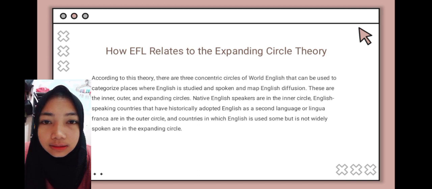The circles represent the different tiers of world Englishes. According to this theory, English is a native language in the inner circle, a second language in the outer circle, and a foreign language in the expanding circle. As English spreads globally, more countries are added to the circles.